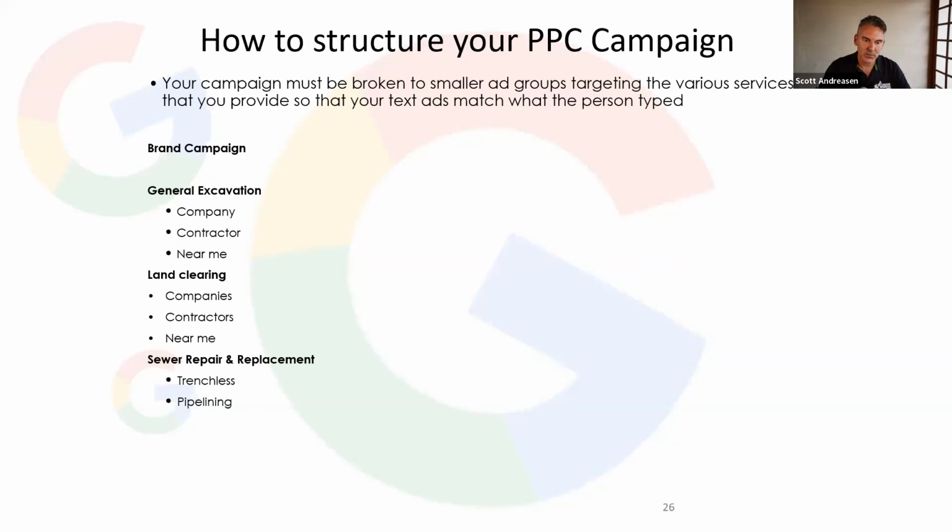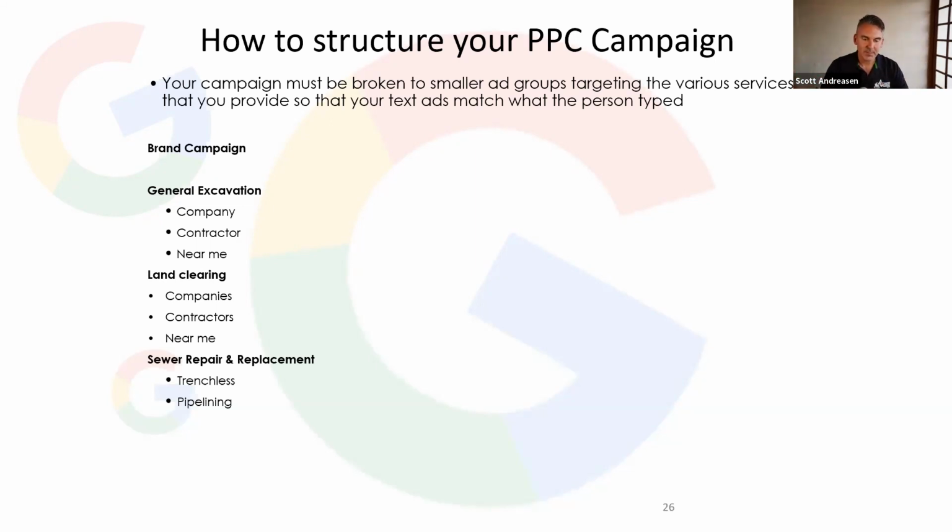So that would be for general excavation. Next down, we see land clearing. Okay, so that's going to be its own ad group. Anything to do with land clearing companies near me, land clearing contractors, land clearing contractor services. You get the idea.